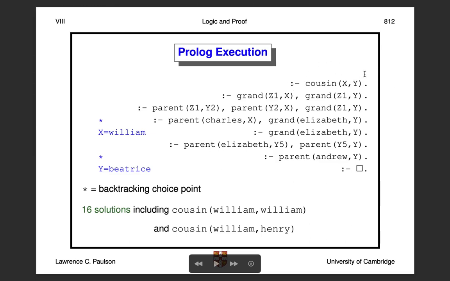So you say solve, effectively, by writing it like this, cousin(X,Y). This is a negative clause, which is to say it is a goal clause. And that means we are asking the Prolog system to solve this goal.